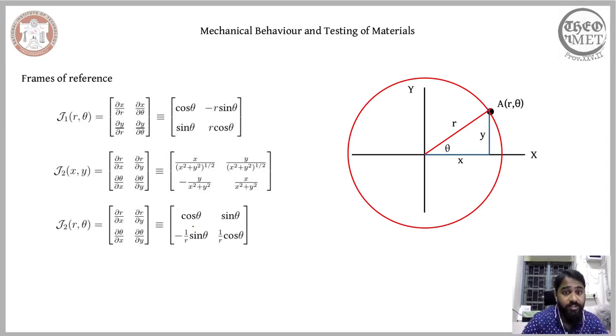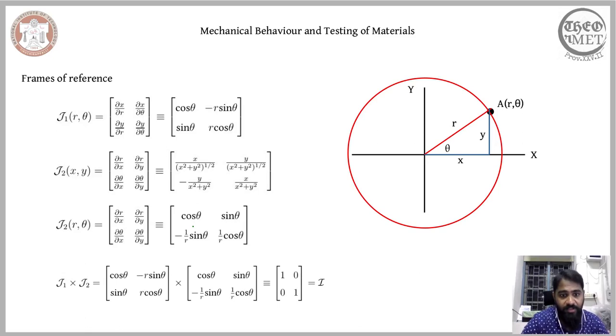Now when you consider the product of these two Jacobians, we find that the end product is an identity matrix. What we find here is, we have already established through the known information that the Cartesian coordinate system is the inverse of the spherical coordinate system.